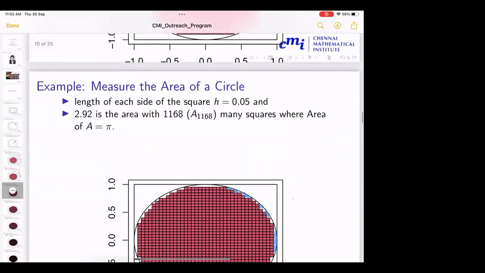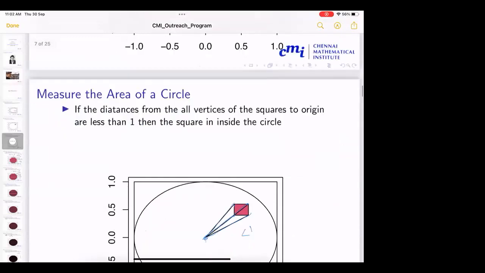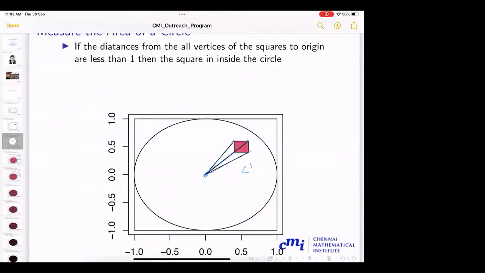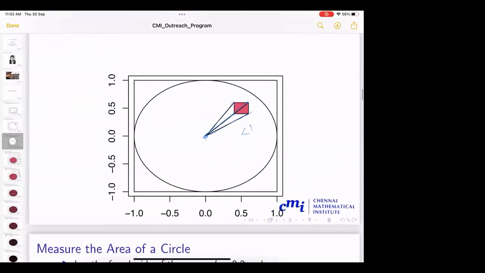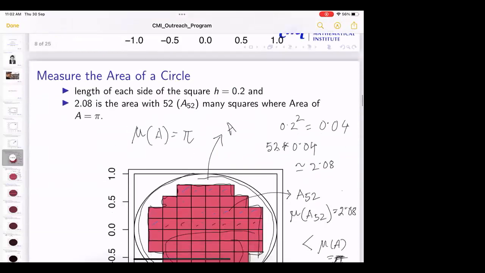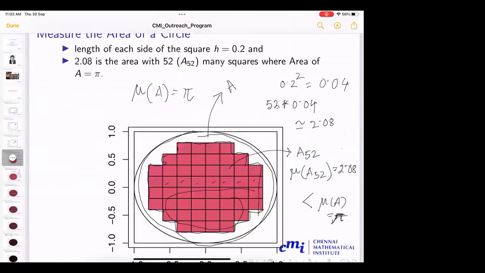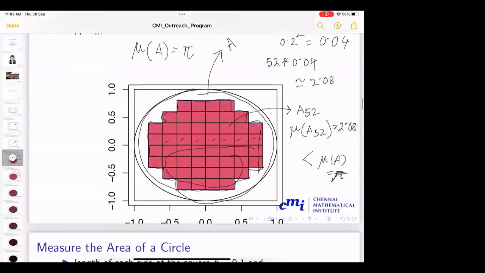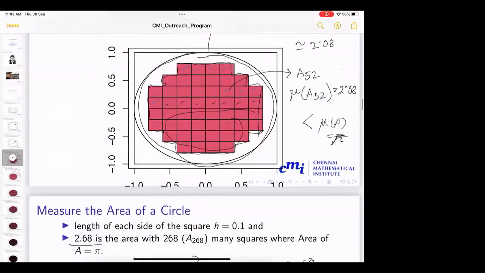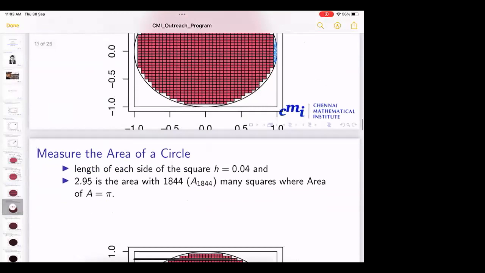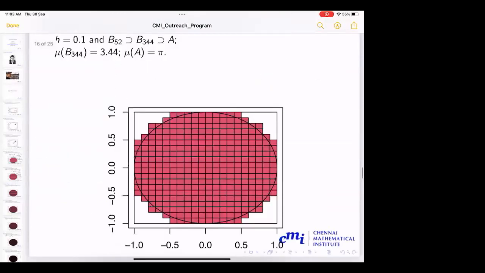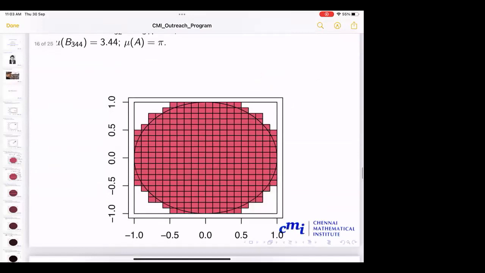Here my strategy was all 4 vertices of the square had to be inside the circle. If you do that, you will always end up in this kind of scenario. Now I am taking a completely different scenario. Now I'm saying that instead of all 4 vertices, as long as one vertex is inside the circle, I'm good.